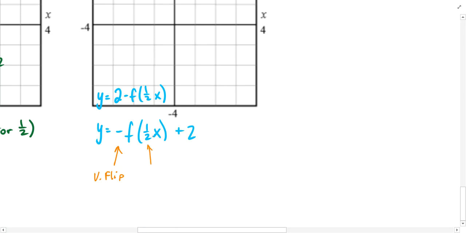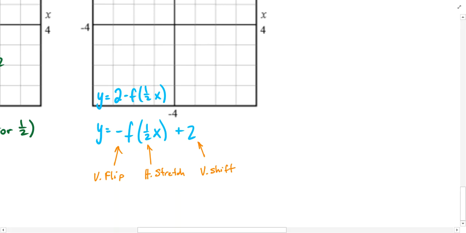We have a b value of 1/2, so that's going to be a horizontal stretch. Now remember, think the opposite, so instead of being half as wide, this ends up being twice as wide as usual. And then this plus 2 on the exterior means that it's a vertical movement, and because of the addition, I know that it is a vertical shift.